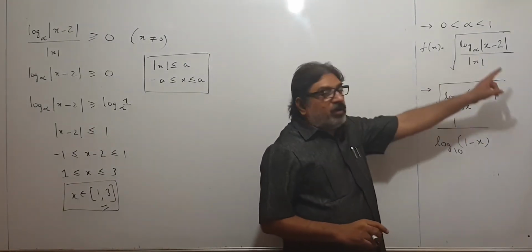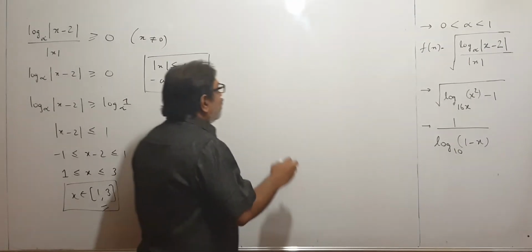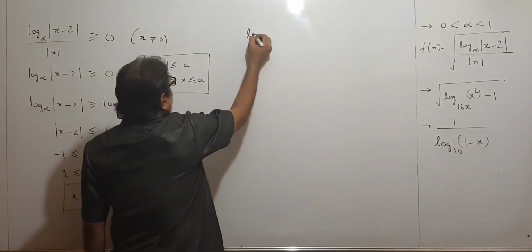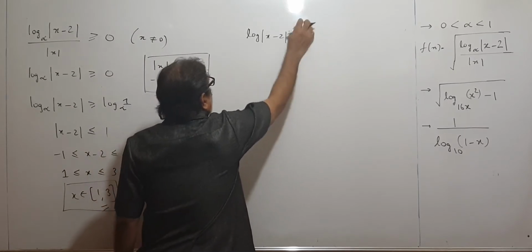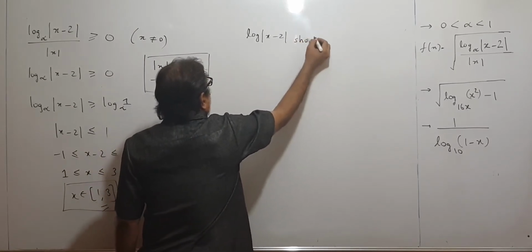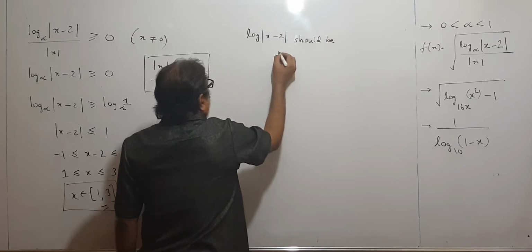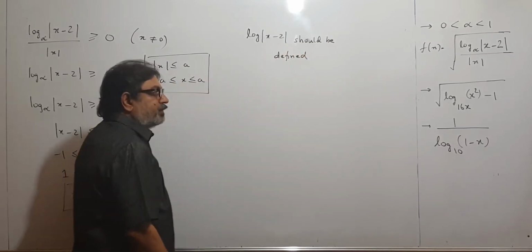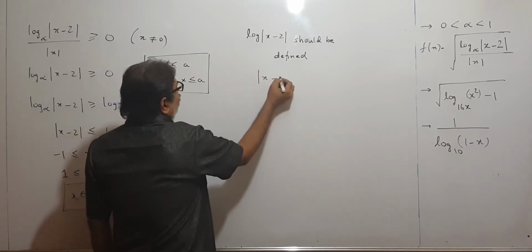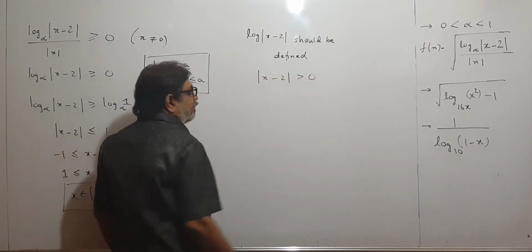Now there is log of mod x minus 2, which should be defined. And I told you that log x is defined only when this is a positive number. That means mod of x minus 2 should be a positive number.